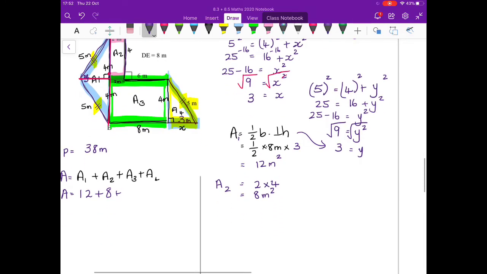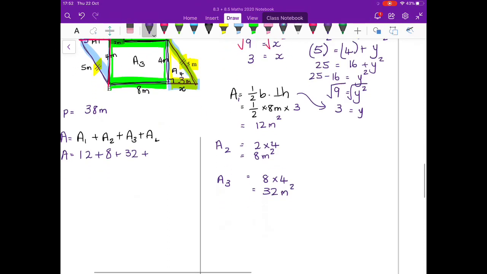Area 3 is going to be the green rectangle, which is 8 meters by 4 meters. So 8 multiplied by 4 equals 32. And they're meters squared, so I'm going to add 32.